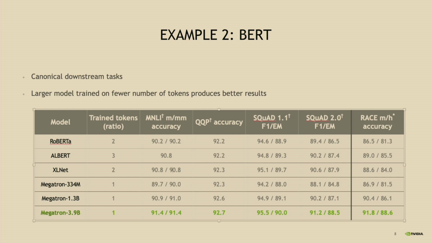As you can see, as the model size increases, the accuracy improves and establishes a state-of-the-art result. One other thing to note as well, a larger model trained over fewer tokens produces better results. This is clear in the trained token column here.